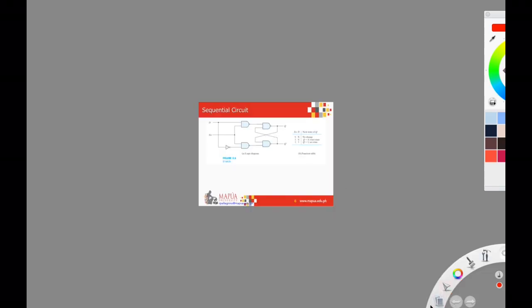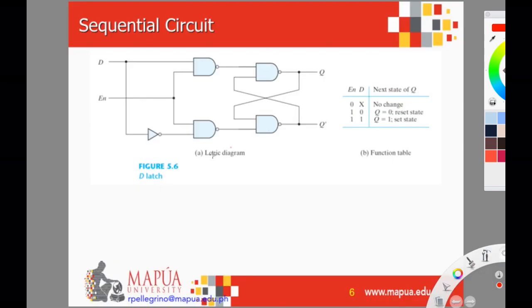Let's proceed now, this time with the D flip-flop. To review our characteristic table for the D flip-flop, we have here a given input D, Qn, and Qn plus 1.